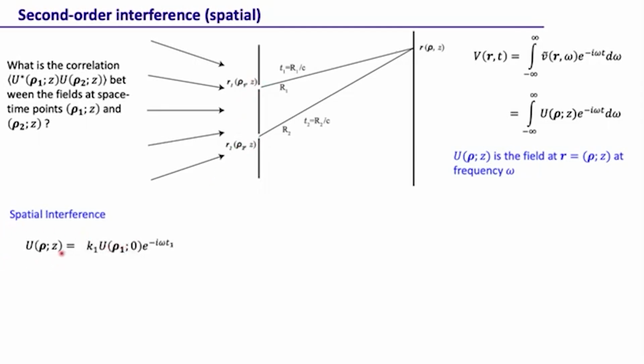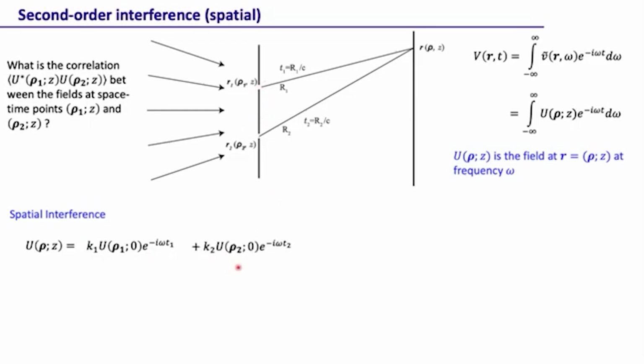Now the field amplitude at rho z, that is the observation point, will have a component from the field at rho 1, 0, which is the z equal to 0 point here, and this is the z equal to z point. And of course this has e to the minus i omega t1, because that's the time it takes for light to get here. So that's the phase factor it will get. K1 is just a geometric factor because of the size of the slit and how much the diffraction and all.